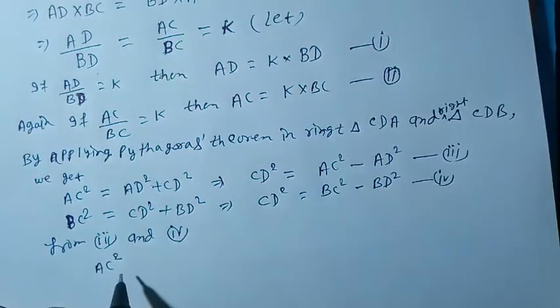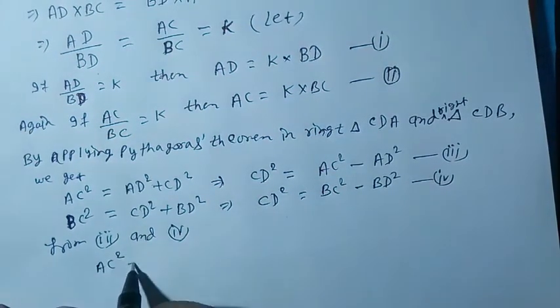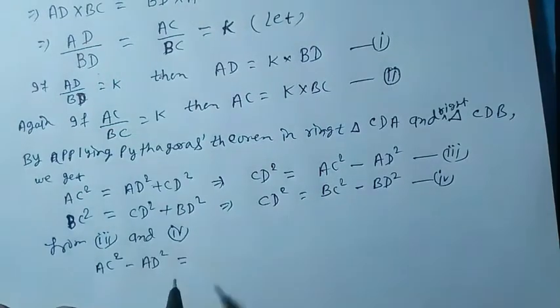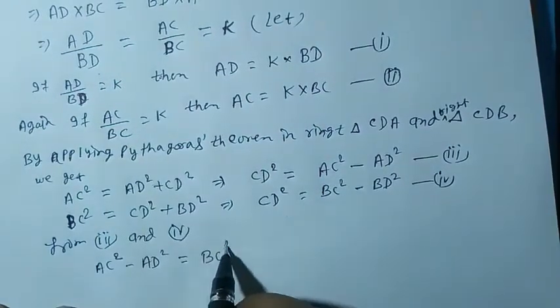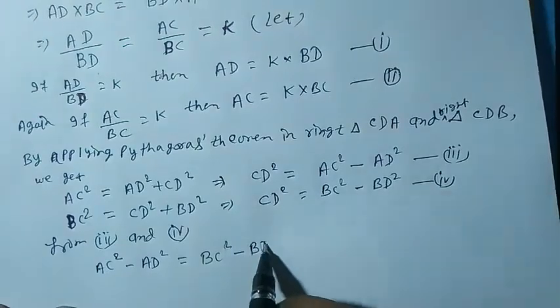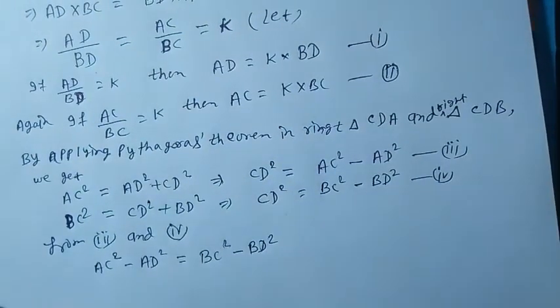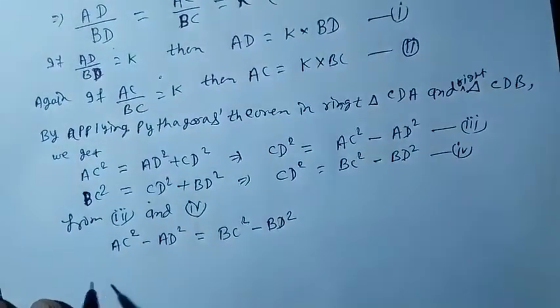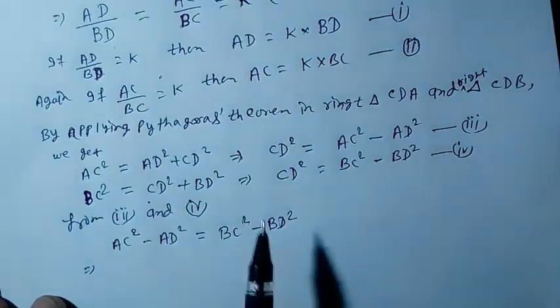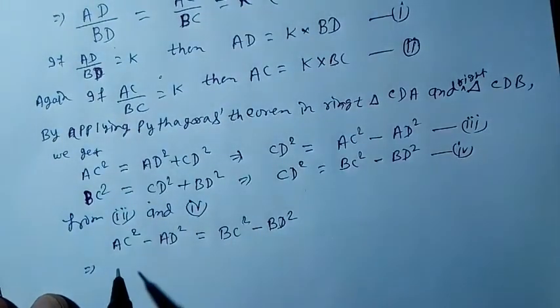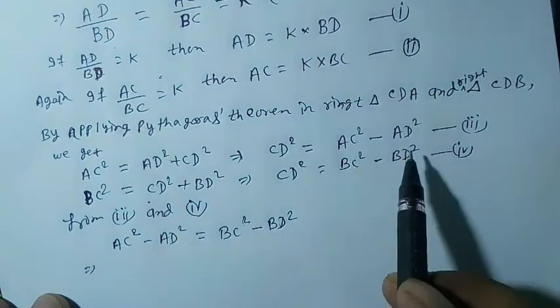So AC square minus AD square is equal to BC square minus BD square. Implies AC square minus AD square.